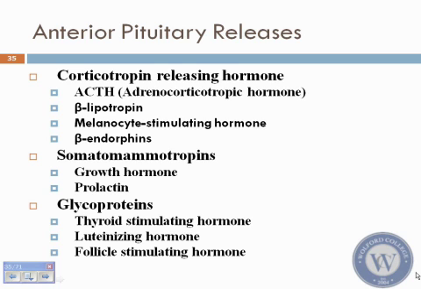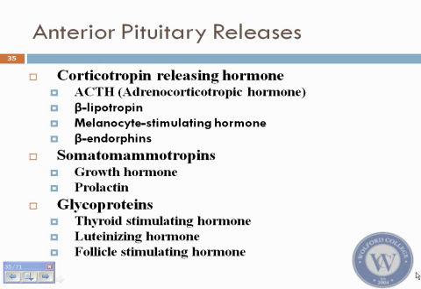Well, in essence, this is kind of like that, but it's more of a grand scheme. The corticotropin releasing hormone goes to these cells in the anterior pituitary, which then release things like adrenocorticotropic hormone, which is going to affect the adrenal cortex. Then you have beta-lipotropin, melanocyte-stimulating hormone, and beta-endorphins. All those are released in response to corticotropin releasing hormone.